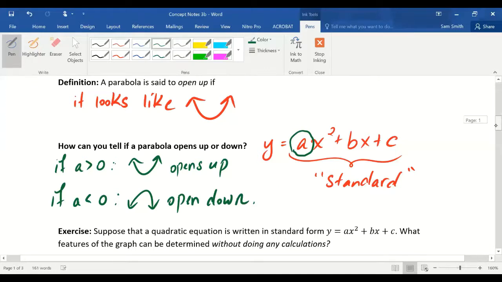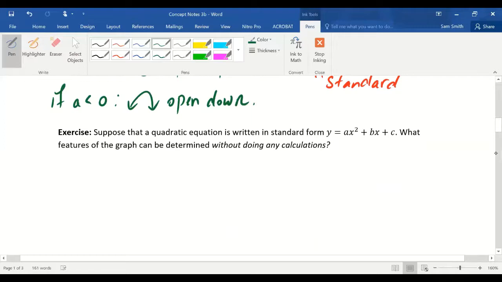Okay, so let's do an example here. Again, with a quadratic equation in standard form, y equals ax squared plus bx plus c. Now the question is, are there any features of the graph that you can figure out from standard form without having to do any real math, any real calculations or number shuffling or quadratic formula or any of that?